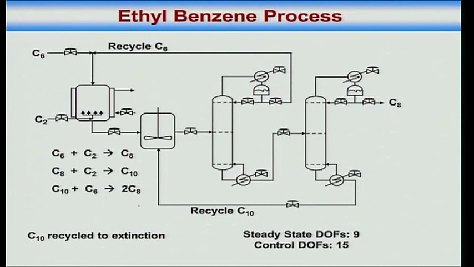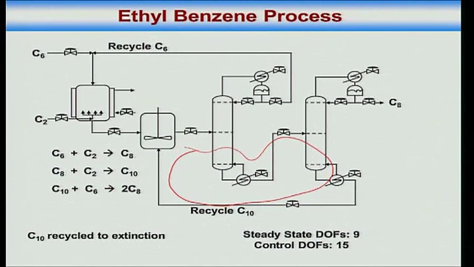Now if you look at the two reactions at the bottom, there is the diethyl benzene formation reaction and there is the diethyl benzene consumption reaction. Second reaction is diethyl benzene formation, third reaction is diethyl benzene consumption. If you allow your diethyl benzene to build up in the bottom recycle loop to a sufficient extent that its concentration goes up, then consumption will go up.